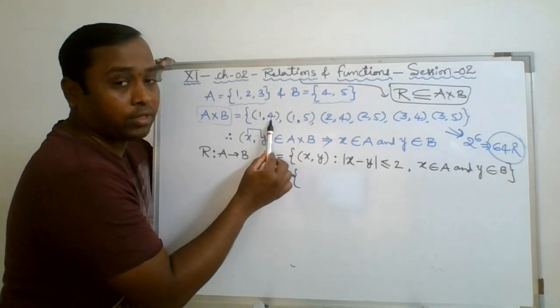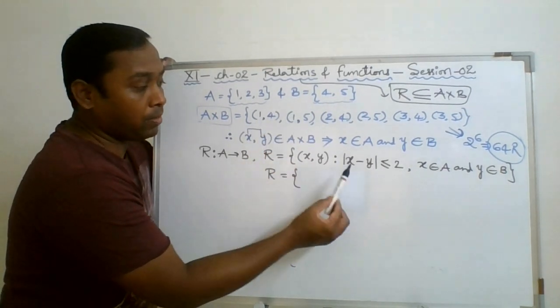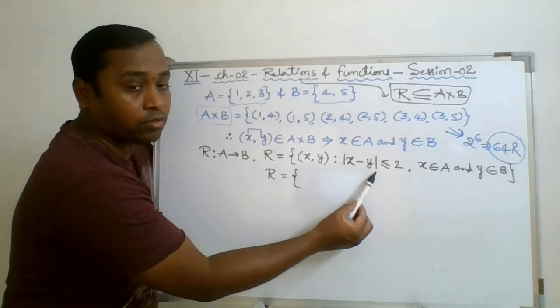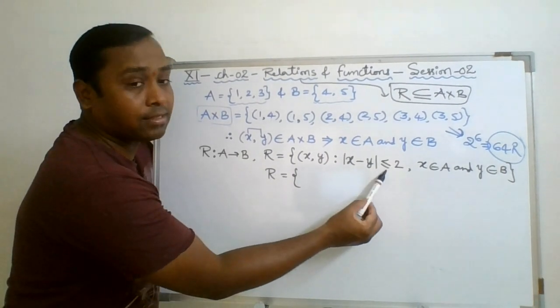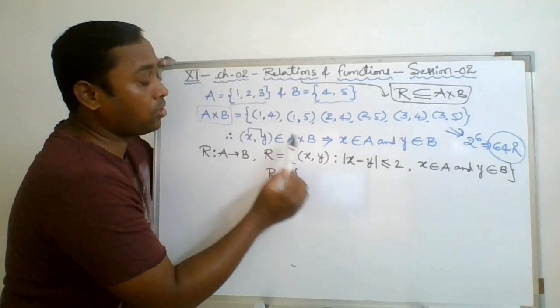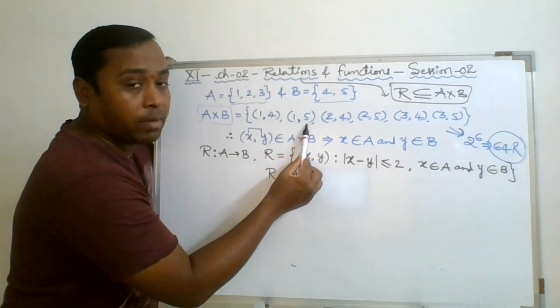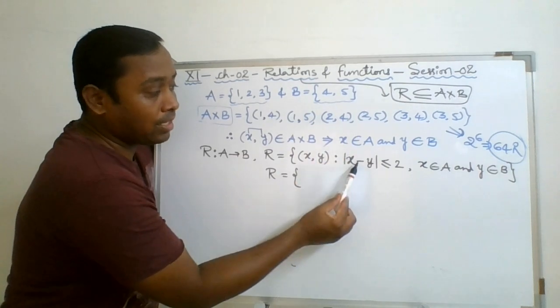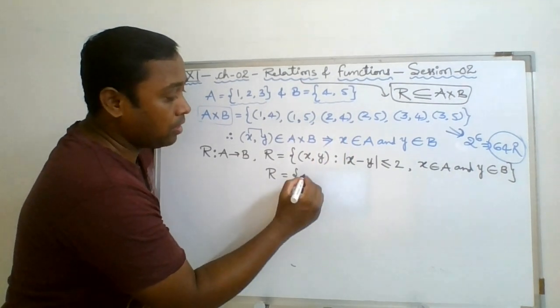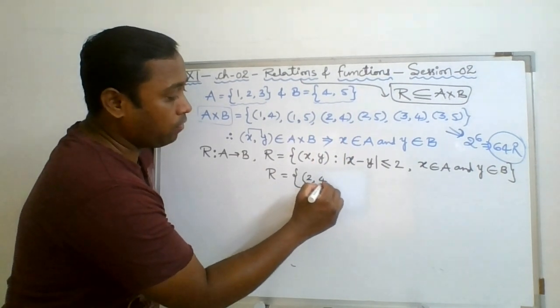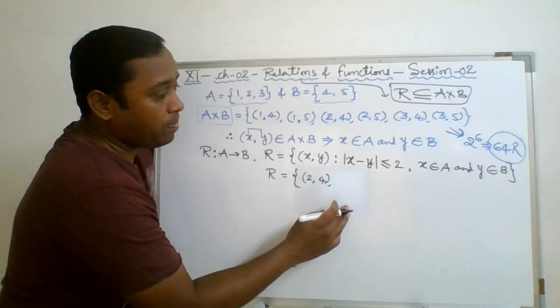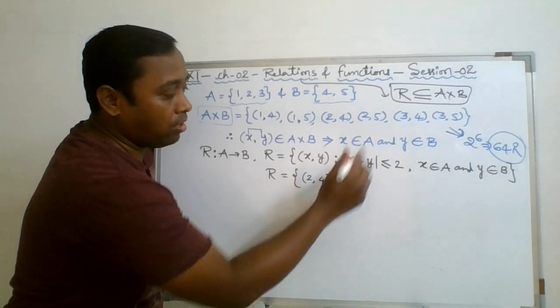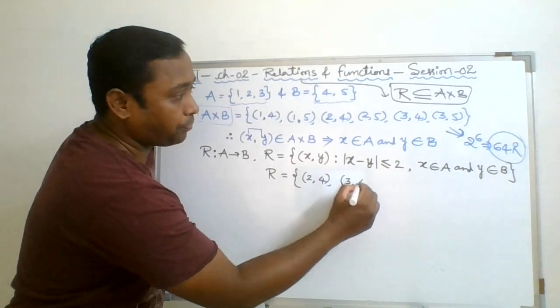Now identify those ordered pairs which satisfy this condition. 1 minus 4, the difference is minus 3, but the modulus of minus 3 is positive 3, which is not less than or equal to 2. So this is not counted. Even 1 comma 5 will not fit into the relation. 2 comma 4 definitely fits, so 2 comma 4 will be counted. 2 comma 5 will not count, but 3 comma 4 will count.